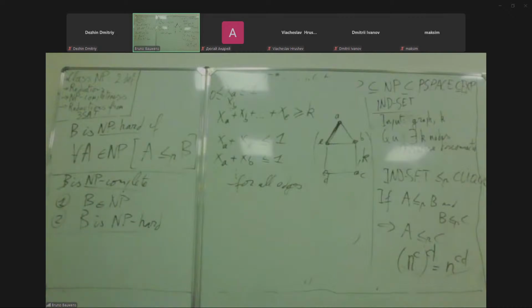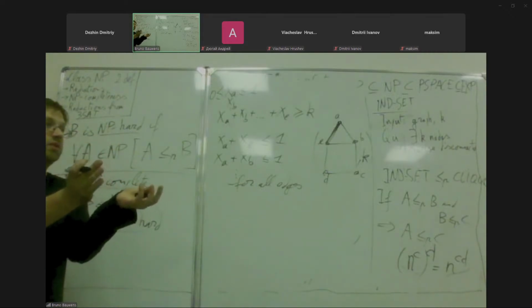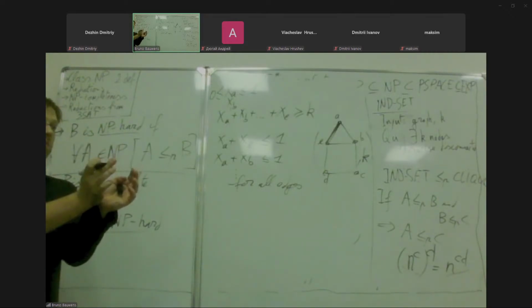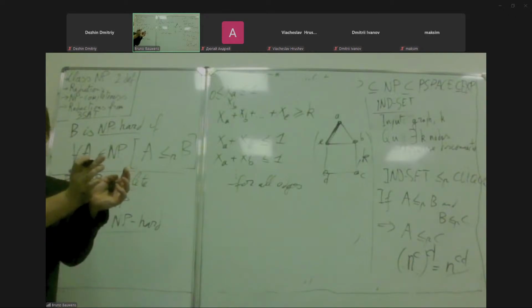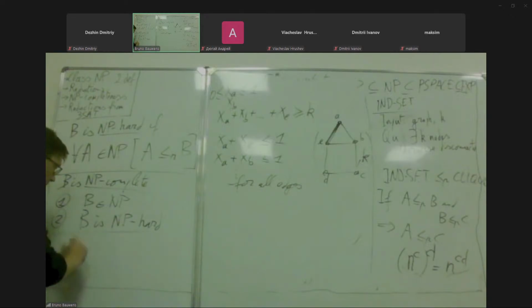The idea is that first we prove that one language is NP-complete, and then we reduce this language to the other language, for example, independent set. There is a magical language that everyone uses as the first NP-complete problem, and maybe you heard about it in another course. It's called the 3-SAT problem.